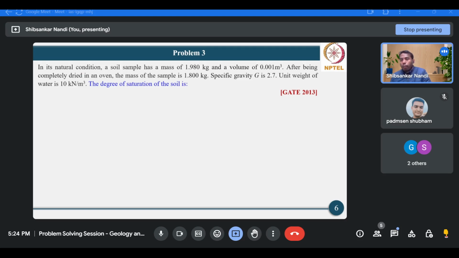After being completely dried in an oven, the mass of the sample is 1.800 kg. Specific gravity G is 2.7. Unit weight of water is 10 kilonewton per meter cube. The degree of saturation of the soil is? So, lots of data are given in this problem.